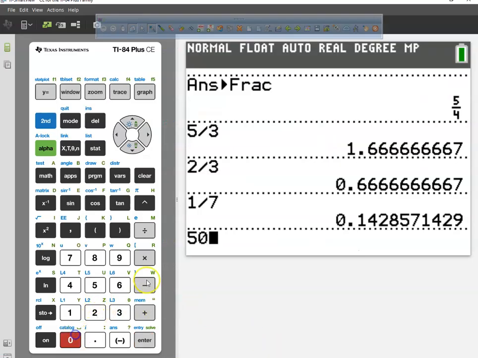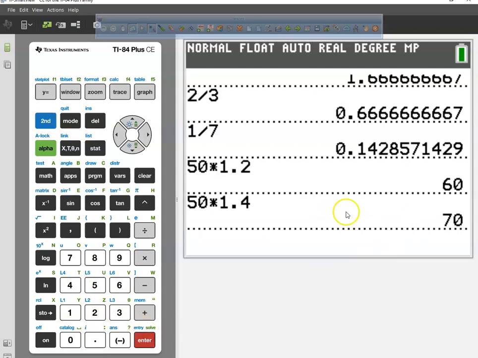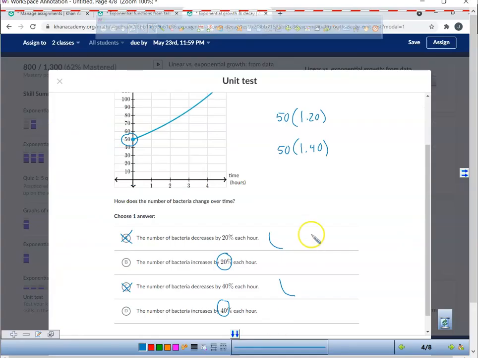So let's just get a calculator. Let's type it in. 50 times 1.2 and 50 times 1.4. All right, so basically we're at 60 and 70. So this one's going to be at 60 and this one would be at 70.